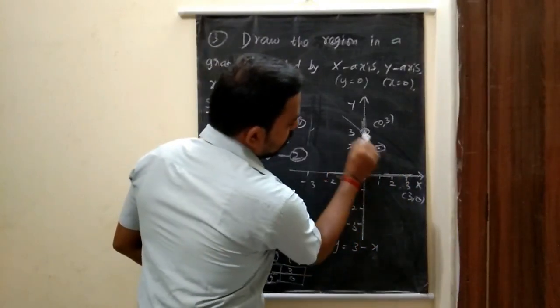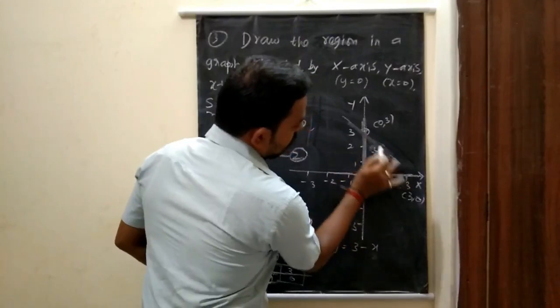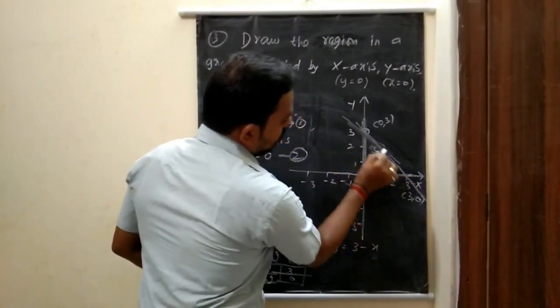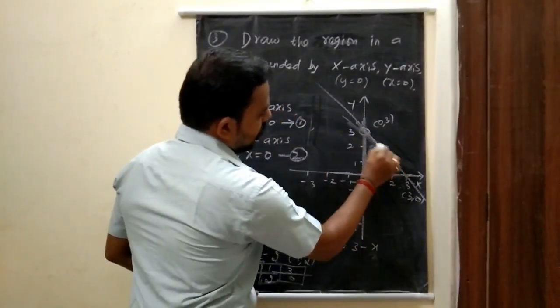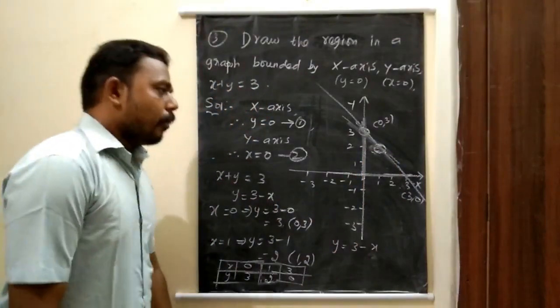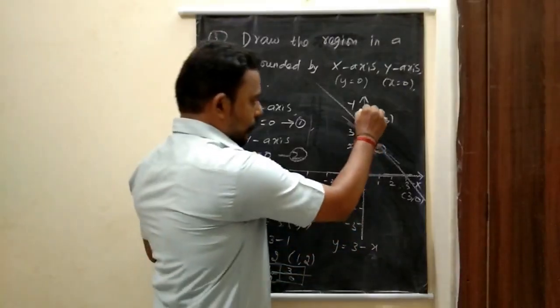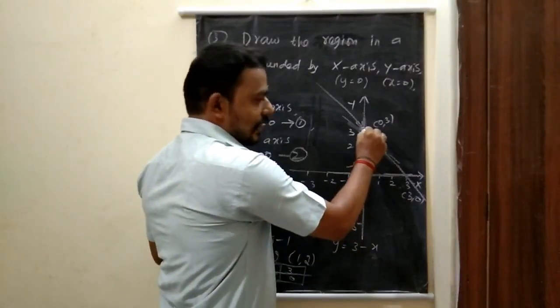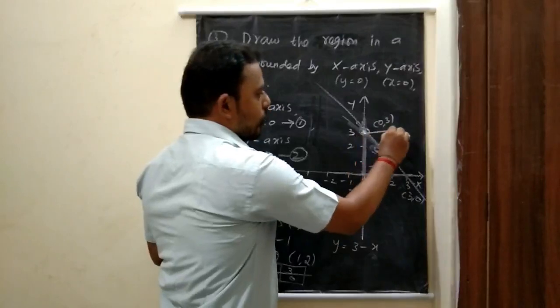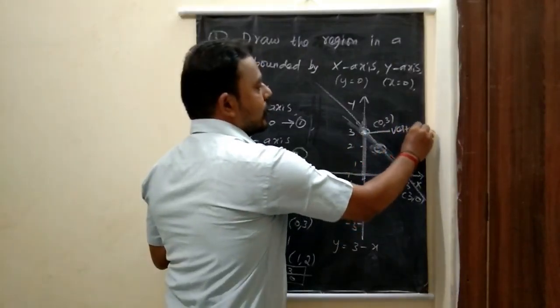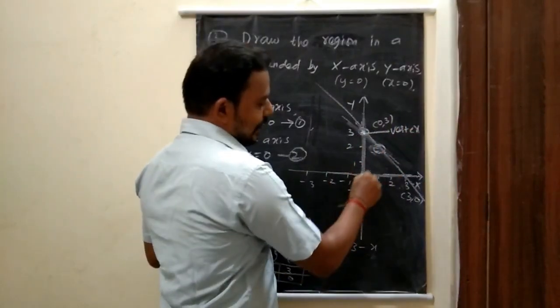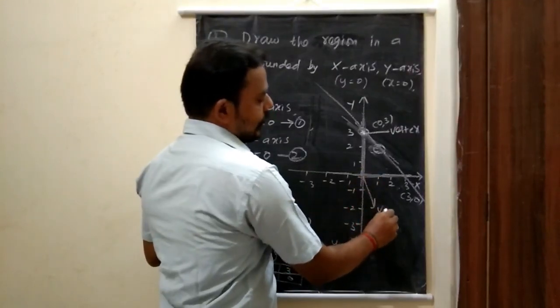So those are the points. Now we need to draw the region bounded by the y-axis. This is the intersection point, the starting point. This is one vertex. And the axis intersection, this is another vertex.